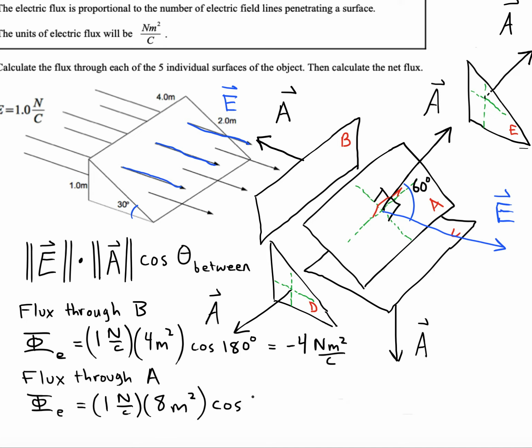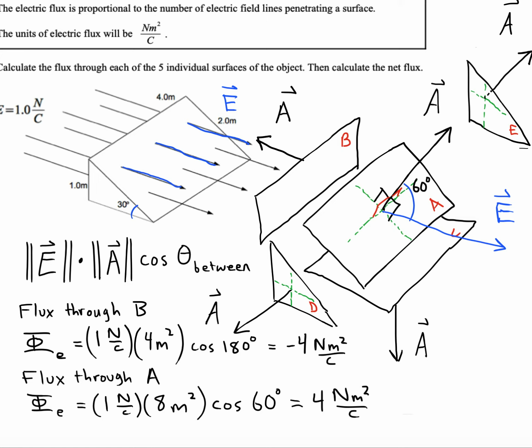And we'll have the cosine of 60 this time. That's 4 Newton meters squared per coulomb. And notice that it's positive this time. It's positive this time because field is flowing through a surface out of a shape.